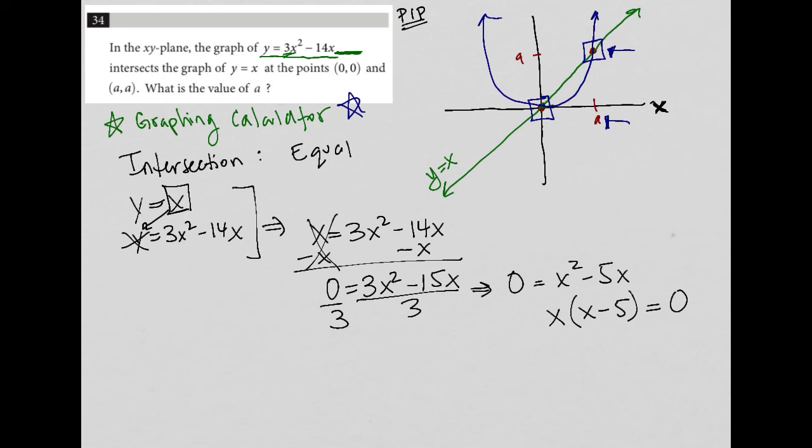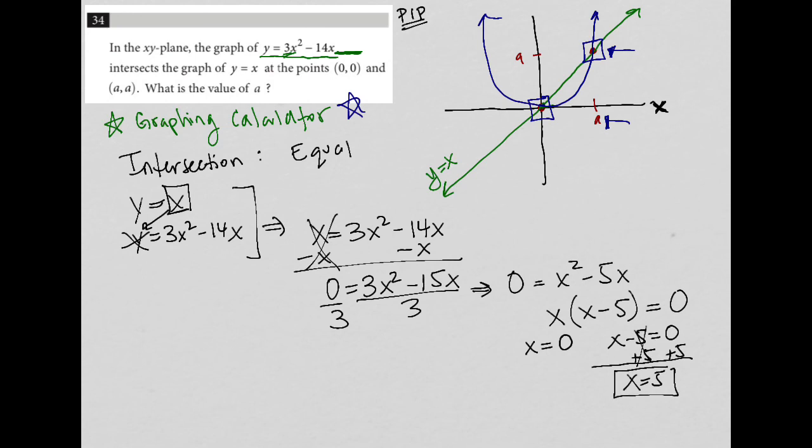And then anytime I have a product equaling 0 like this, I can just set each component of that product equal to 0. So I'd have x equals 0. I'd also have x minus 5 equals 0. And of course, with the x minus 5, I solve for x by adding 5 to both sides, leaving me with x equals 5.